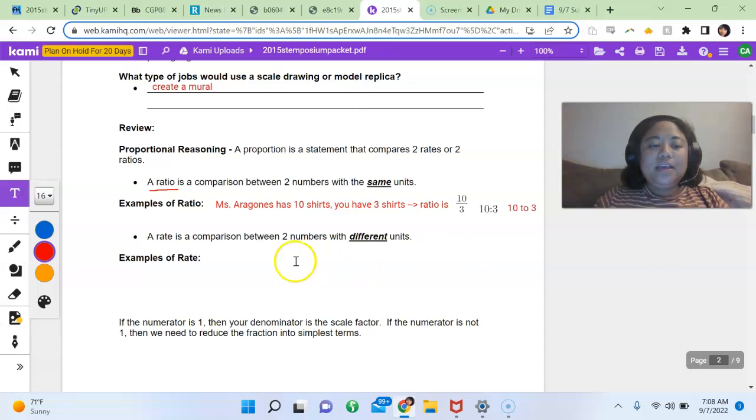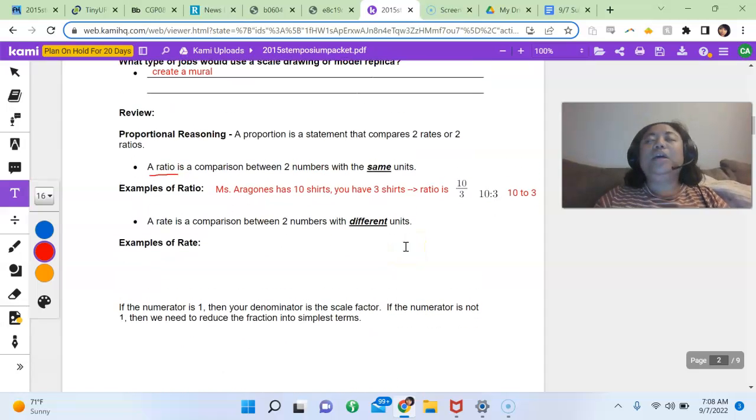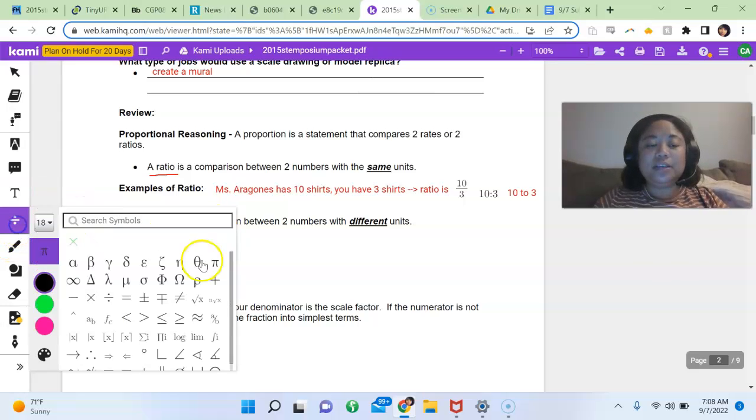All right. Now, a rate is a comparison between two numbers with different units. So an example would be, let's say I'm driving on the highway at 60 miles per hour. That's two different units going on. For example, 60 miles per 1 hour.